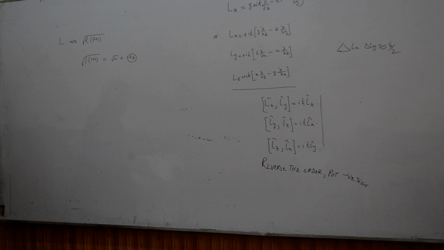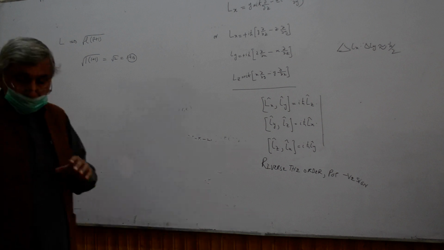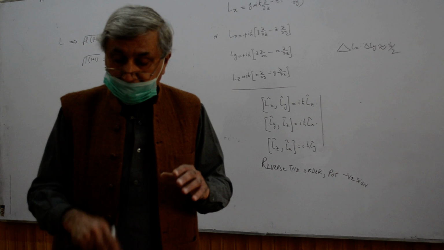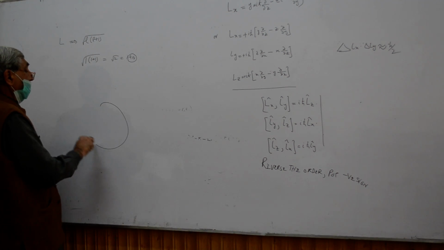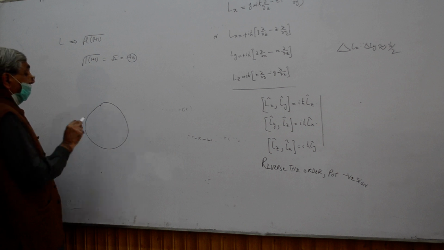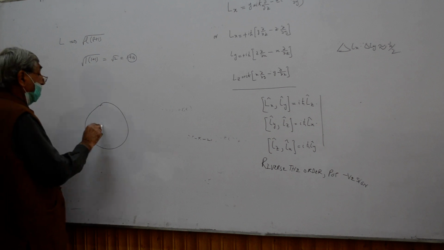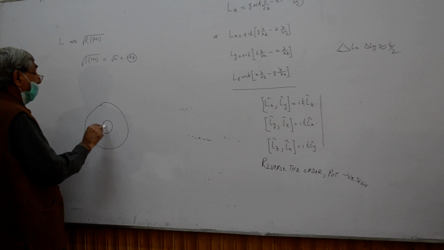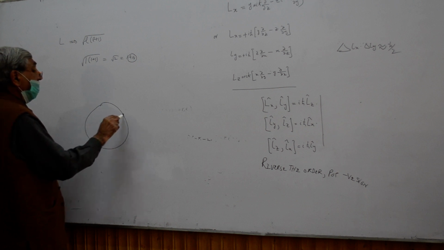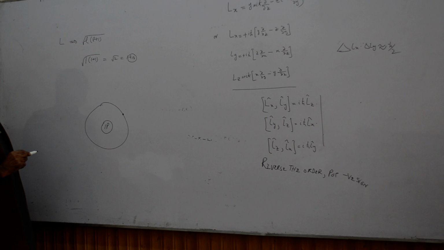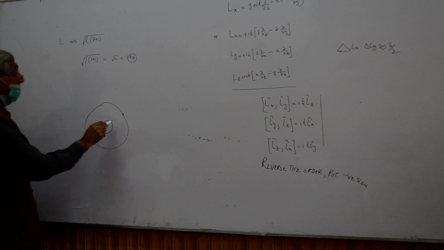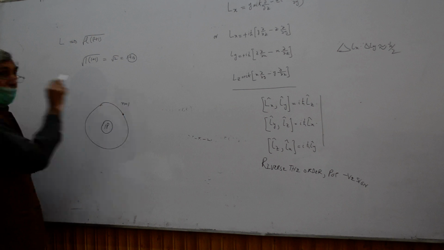Now I'll take you to another topic. Let's say you are talking about this, and I will give you a problem sometime later. This is one proton, and an electron is there. Somebody says, where will the electron be? You say under normal conditions it should be in n is equal to 1.